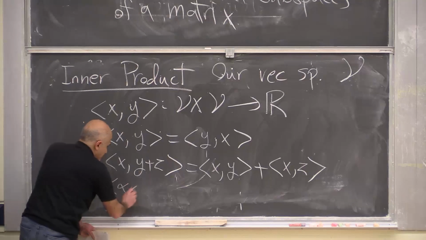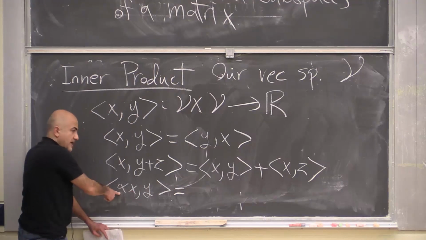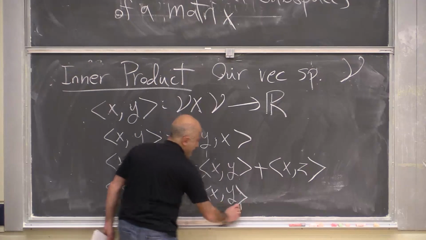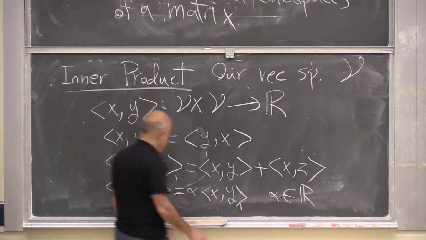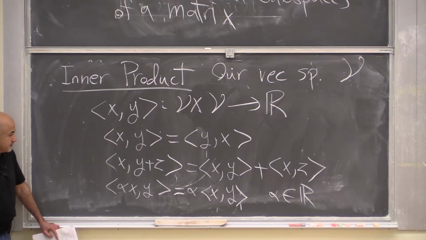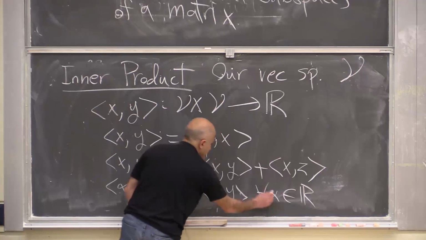We had the scaling property, that if I multiply one of the vectors by alpha, I can simply pull out that alpha. Here, alpha is a real number, and this relationship must hold for all vectors x and y in my vector space and all scalars alpha.